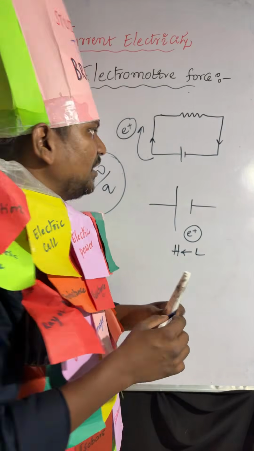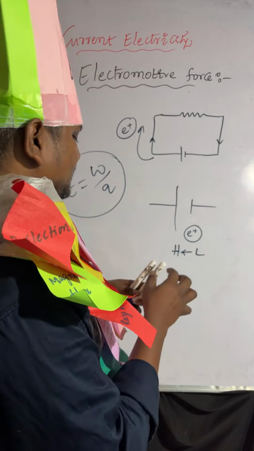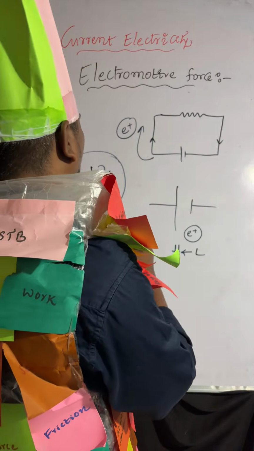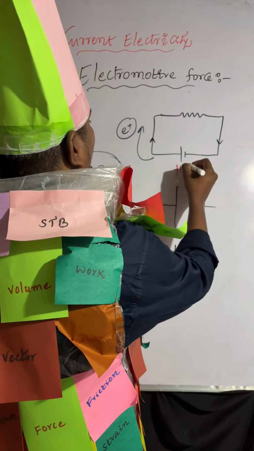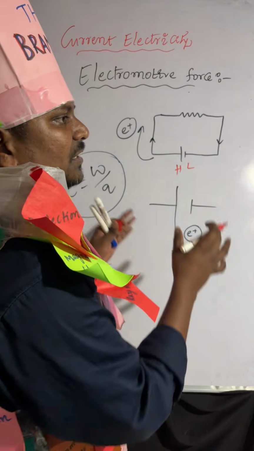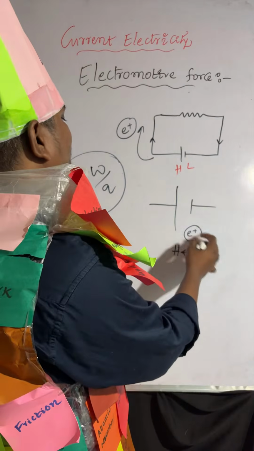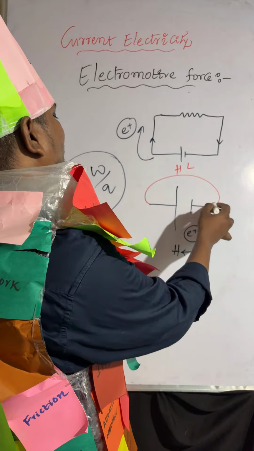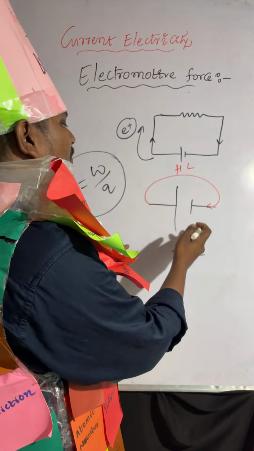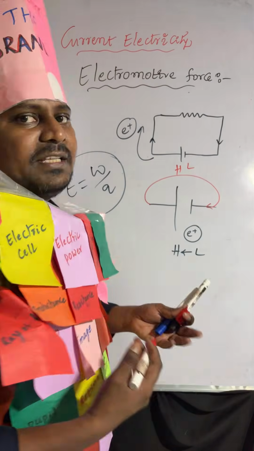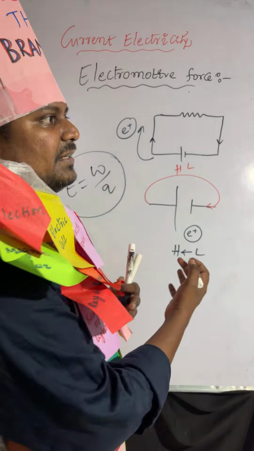Normally positive charge will move from high potential to low potential, that we know. So in the cell, after coming here, again charge should move from low potential to high potential. Who is doing that work? The battery.